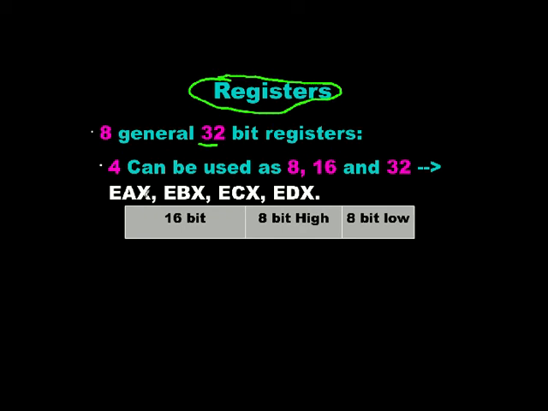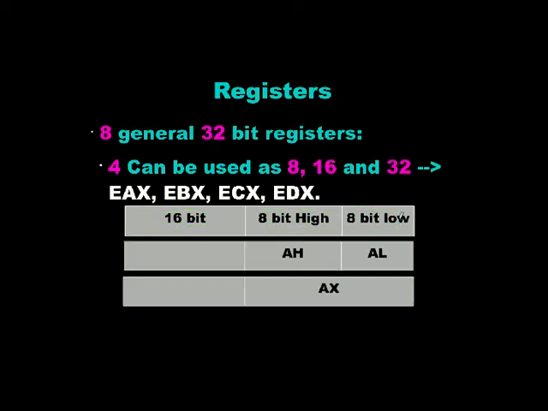Those we can break down into 16-bit, and 8-bit high and 8-bit low, which we can call AL and AH when we access them. When I use AL or AH, I can't use that other part.